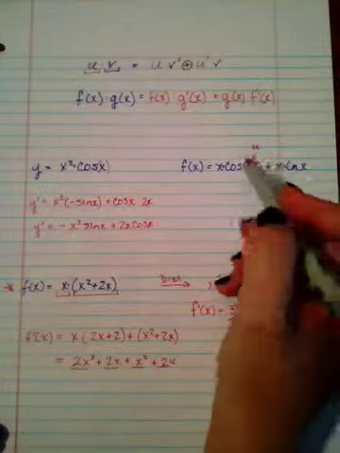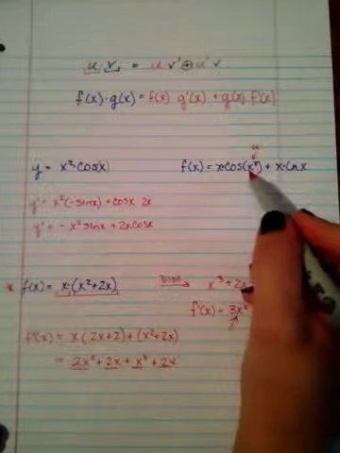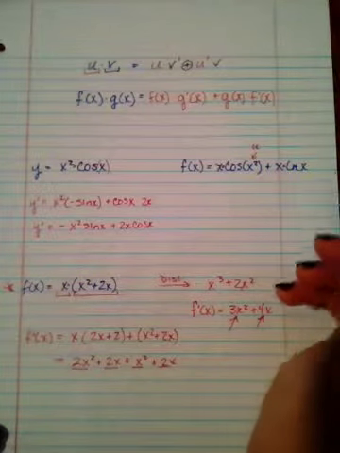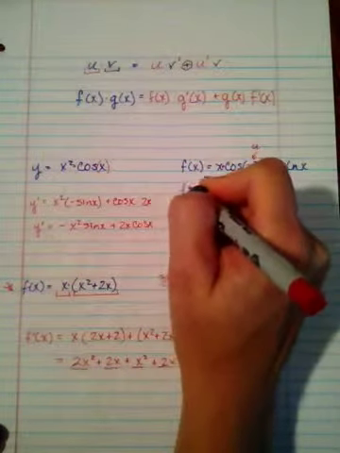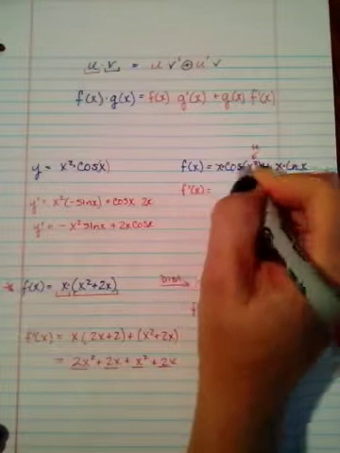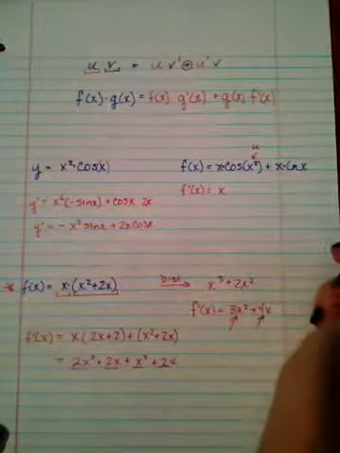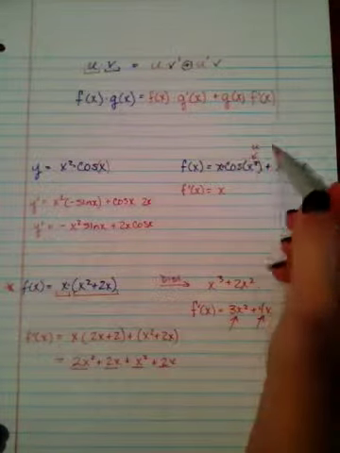Okay, for the second function, I have x times a cosine of u plus x times the natural log of x. So my derivative will be f prime of x equals, and I'm going to do this piece first. So first function is x times derivative of the second. I'm going to actually do it with the u in there.